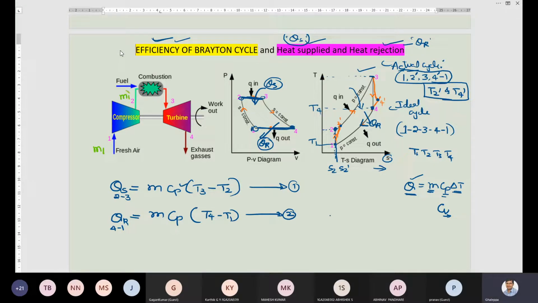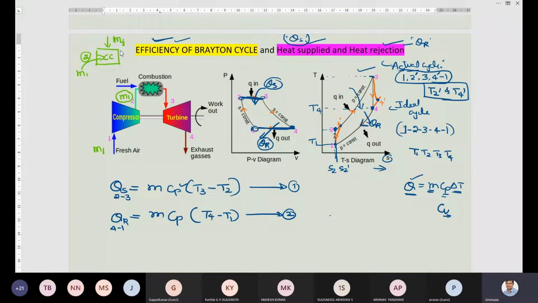So this m1 mass of air enters into the combustion chamber. So my dear students, let me draw one small sketch here. So m1 enters into the combustion chamber. Assume this is the combustion chamber. This is point 2. Here we are supplying fuel, F. So assume the mass of fuel.